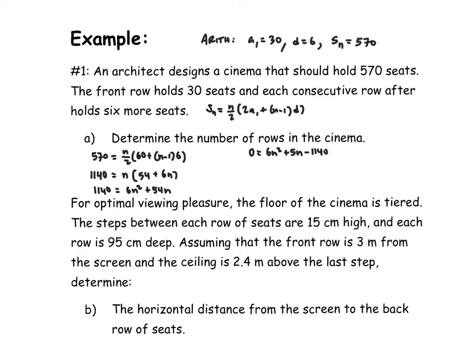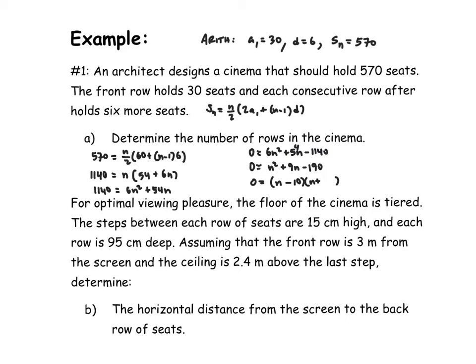Okay, so if I were to divide out a 6, this is very nice actually. A 6 divides out nicely. It becomes, whoops, where'd that 54 go? There we go. It becomes n squared plus 9n minus 190. Okay, so now I can factor. Factoring in this case is a relatively easy example. This would be n minus, would that be 10?